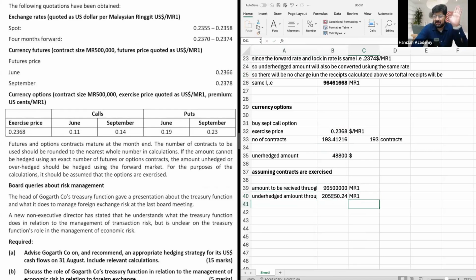So the unhedged amount is converted through the forward contract, and the hedged amount is through exercise of the option.